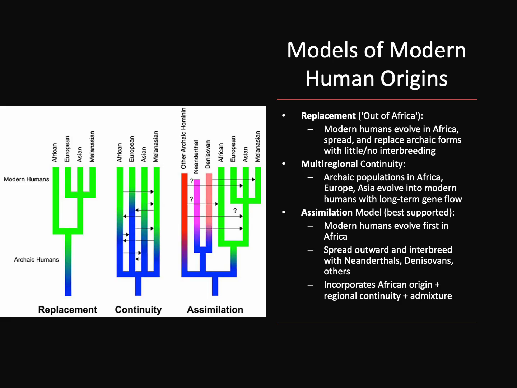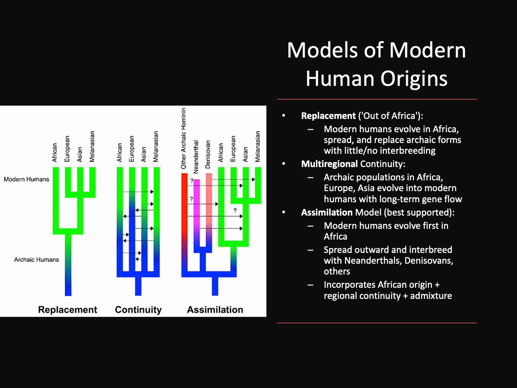Then there's the assimilation model, which currently has the strongest support. And it combines elements of both the former two models. It proposes that modern Homo sapiens evolved first in Africa and then spread outward from Africa into other regions. As these populations moved into Europe, Asia, and elsewhere, they encountered local archaic groups such as Neanderthals and Denisovans.